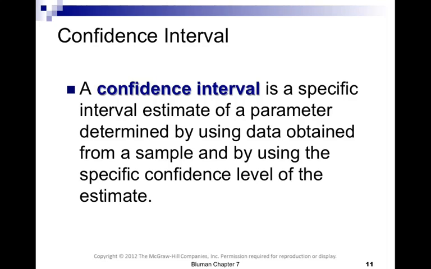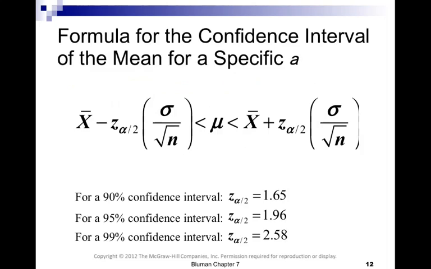A confidence interval is a specific interval estimate of a parameter determined by using data obtained from a sample and by using the specific confidence level of the estimate. Again, all these are wordy definitions. When we get down to doing the problems, hopefully you'll understand a little better what we mean by these terms. But these are the definitions.